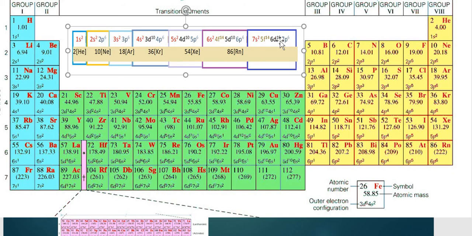You can use the shortcut of putting helium, neon, argon, krypton, xenon, or radon in between when the atomic number is high, because we are using transition elements, so most probably it will be high.